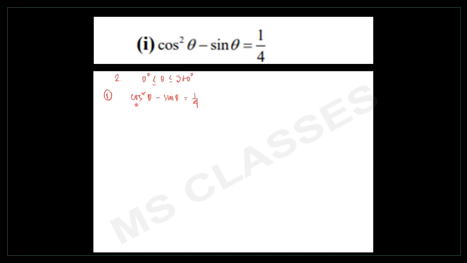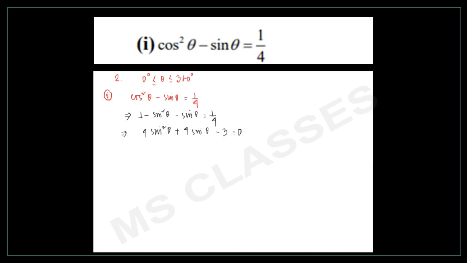So what we'll do, we'll change cos square theta to 1 minus sin square theta, minus sin theta equal to 1 by 4. Now this will be simplified to 4 sin square theta plus 4 sin theta minus 3 equal to 0.